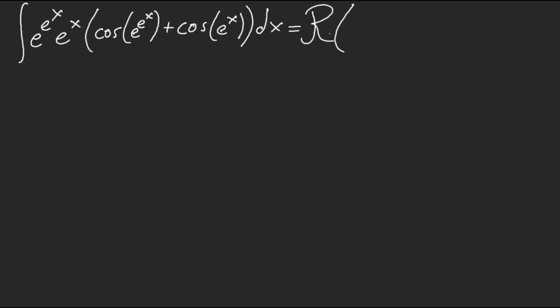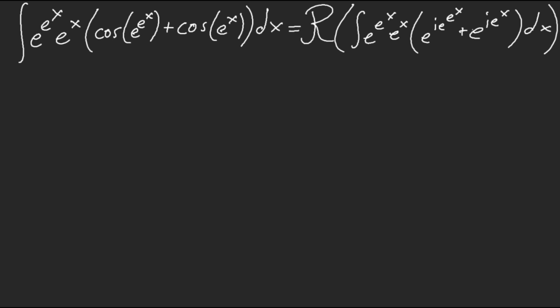If I turn it into real, we get the integral of e to the x, e to the x, and then we have e to the I of this, e to the x plus, and then it's technically the same thing. You just split it, real part into another real part. I don't think it matters. So I think we get this.